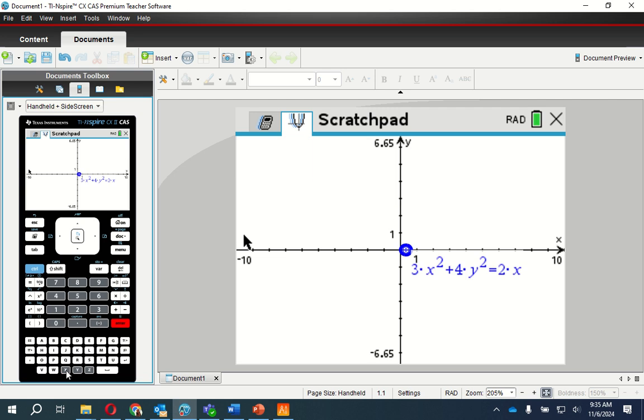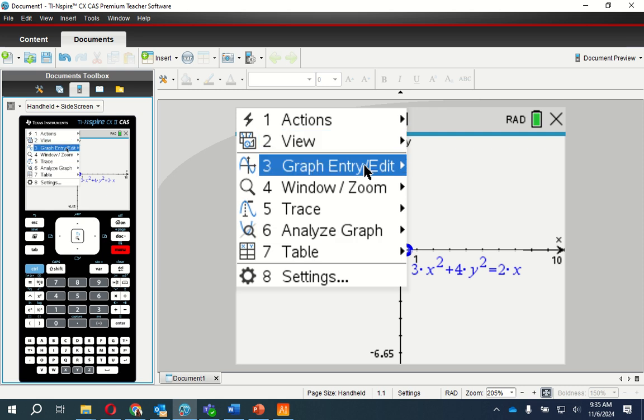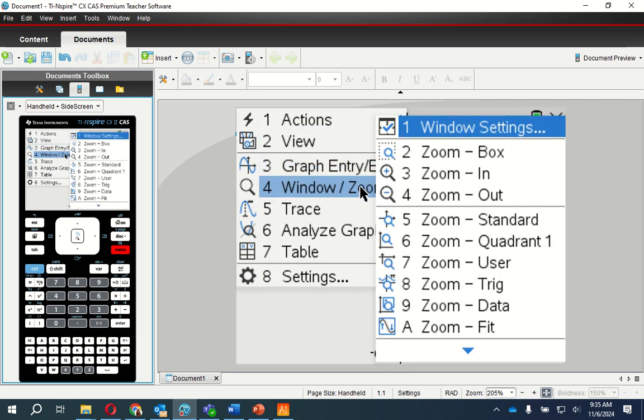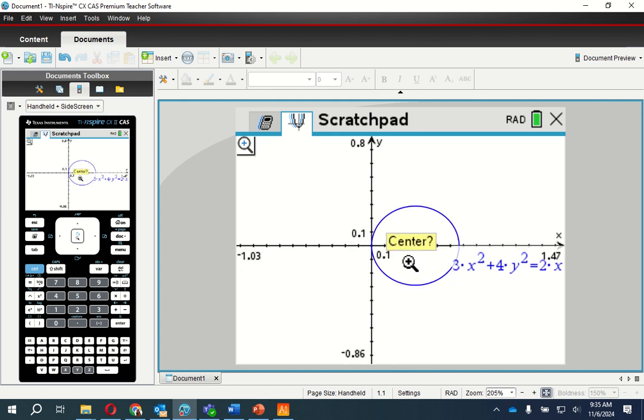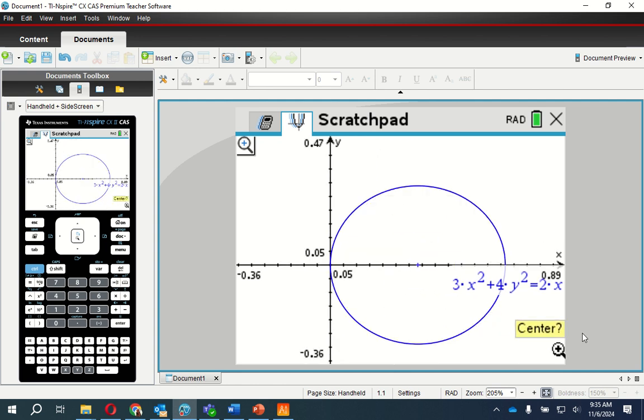So it's going to break the vertical line test. So menu. Let's go zoom. There we go. So there's my ellipse. Because it will break the vertical line test, it's not a function, and my calculator doesn't like to graph it. But it will graph an ellipse.